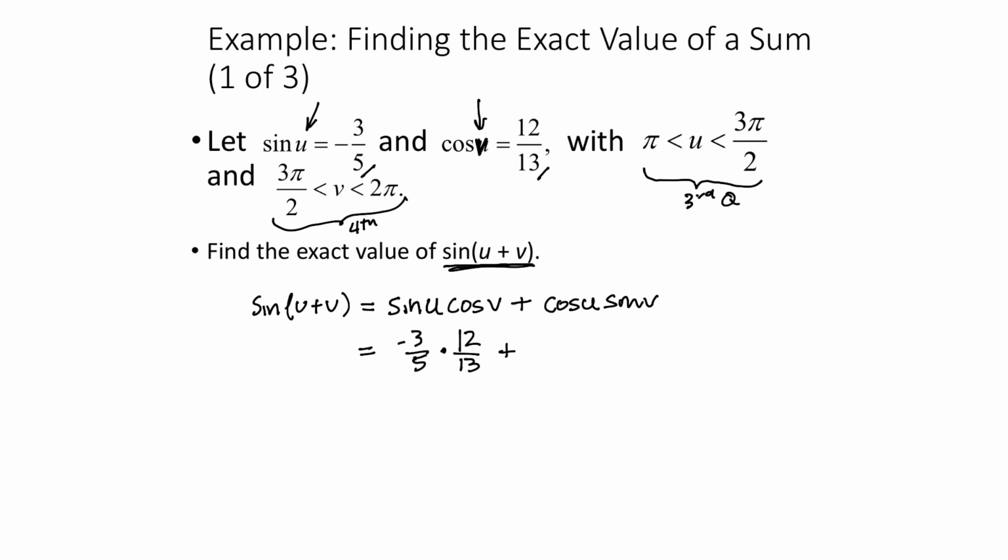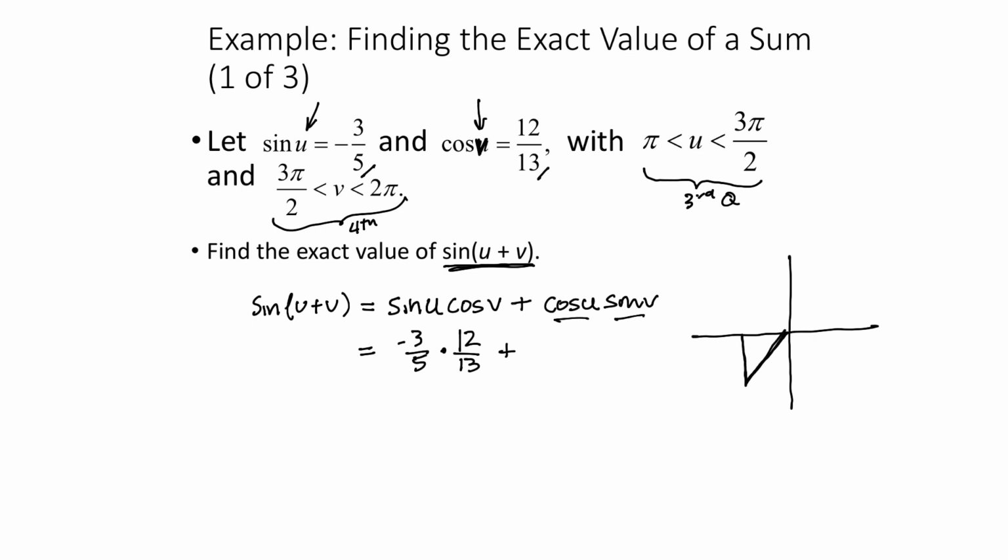So now we need to do some detective work here. I don't necessarily need to find the formula for u. I just need to know what the cosine and the sine would be for that. But u is in the third quadrant. So I'm going to draw this out as a triangle using that ratio that we have there.